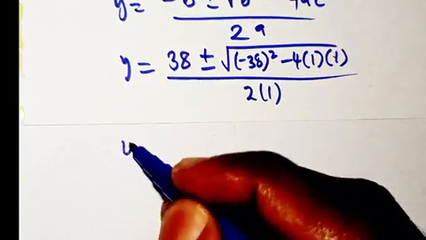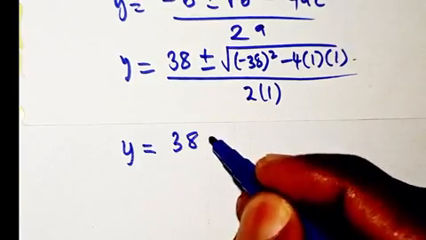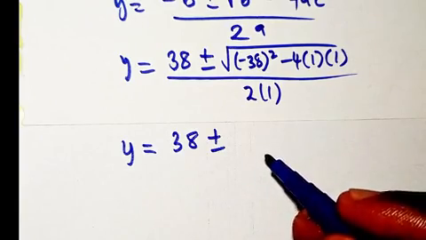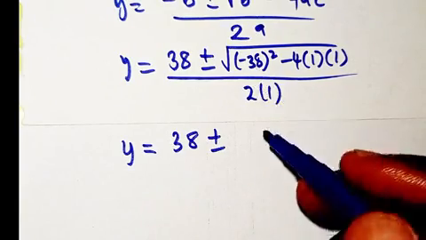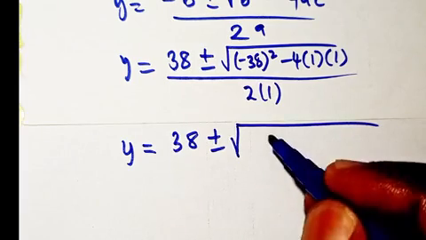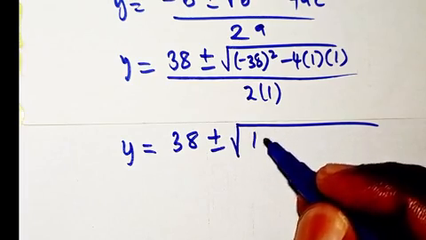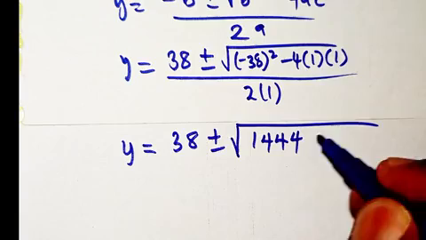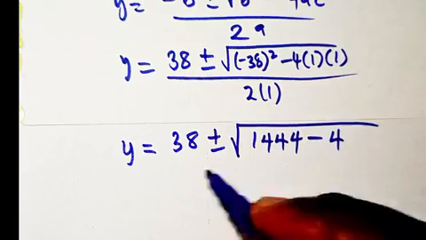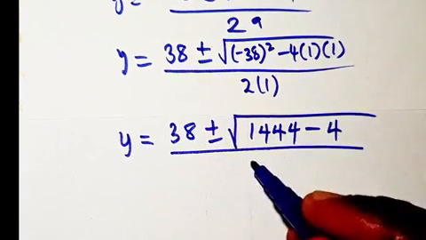Moving on, we have y equals 38 plus or minus the square root of 38 squared, which is going to give us 1444, then minus 4, all divided by 2.